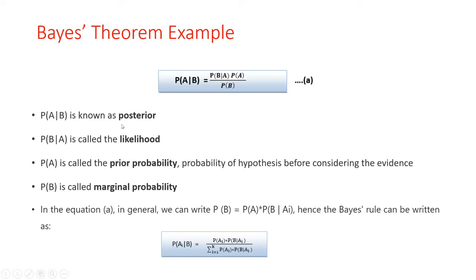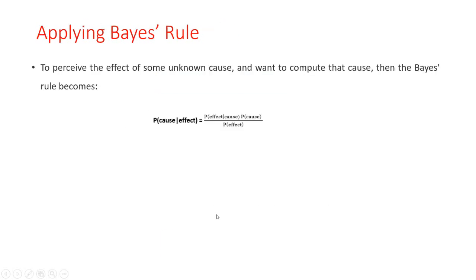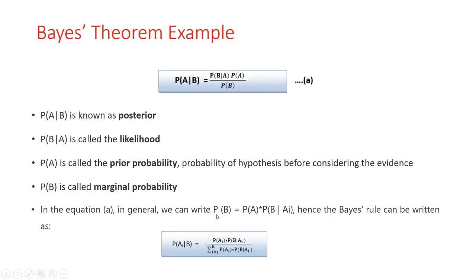So in general, we can write the probability of B is equal to the sum of the probability of A of i into the probability of B given A of i. Hence the Bayes rule can be written as the probability of A of i given B is equal to the probability of A of i into the probability of B given A of i, divided by the summation of i equal to 1 to k of the probability of A of j into the probability of B given A of j. Okay, so this is the Bayes rule.